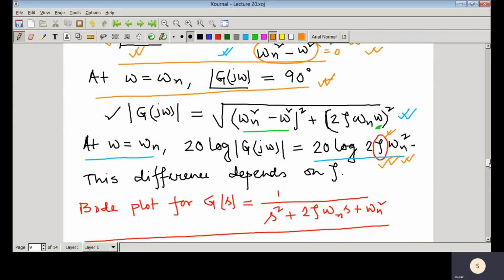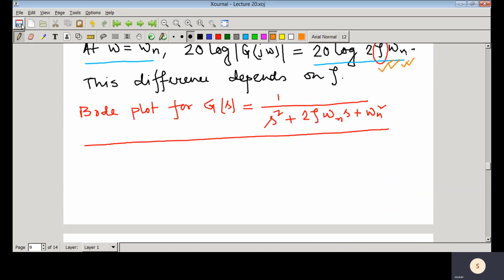Now let us see what happens if we have a second order factor in the denominator. It would be just the reverse of what we have seen for the other cases. When the second order factor was in the numerator, the slope was 40 dB per decade.